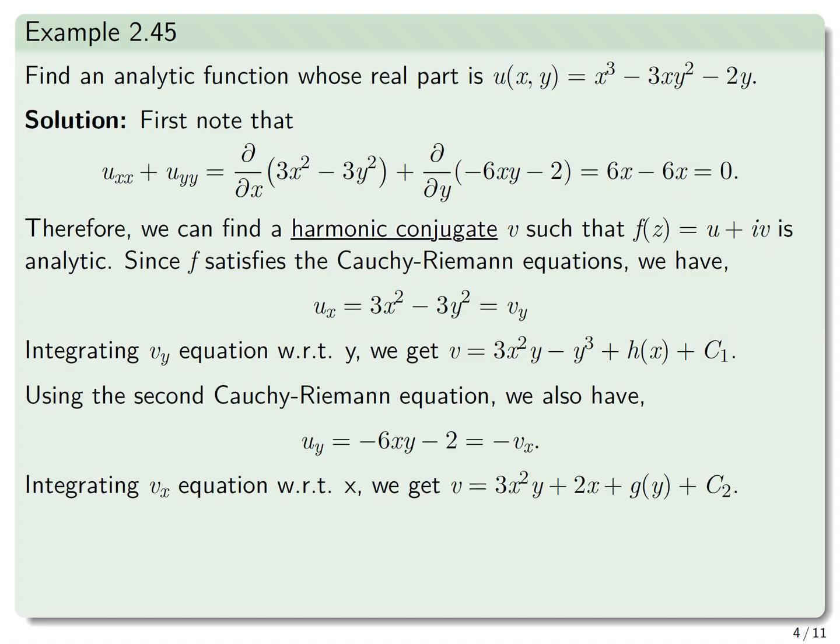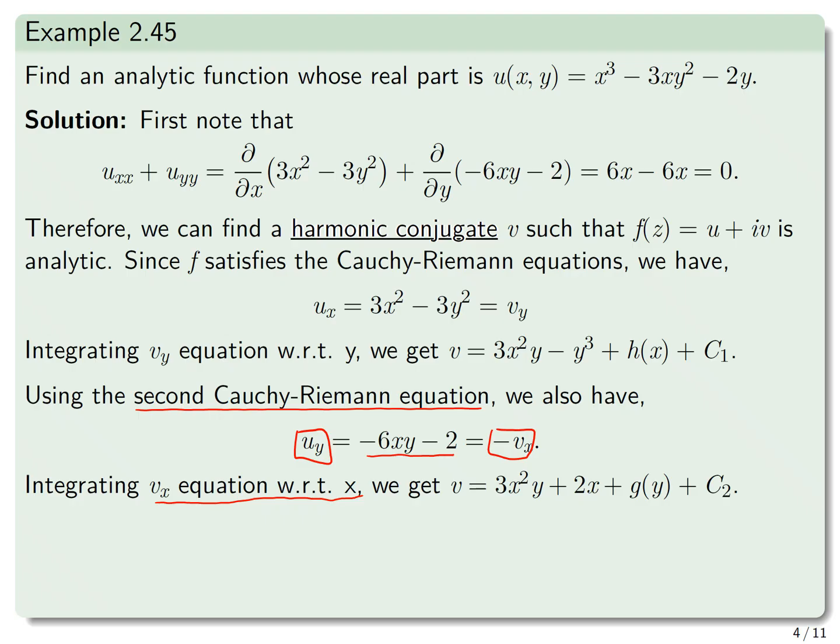So using the second Cauchy-Riemann equation, you can write u_y. That means you take the y derivative, and you get negative 6xy minus 2. From the second equation, you know that u_y equals negative v_x. Now we can solve for v_x, and integrate with respect to x. It is a partial integration with respect to x.